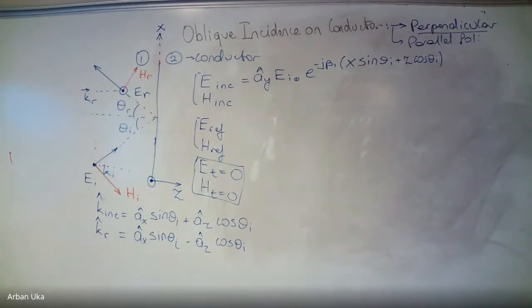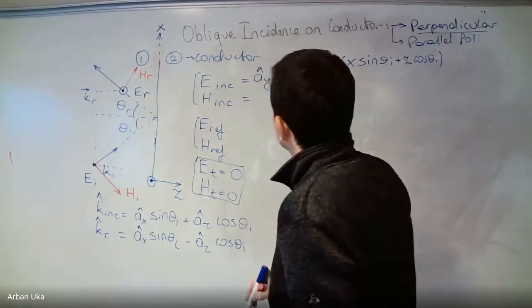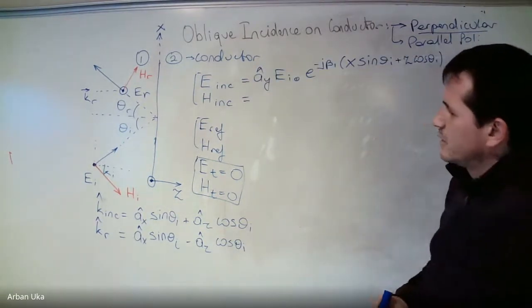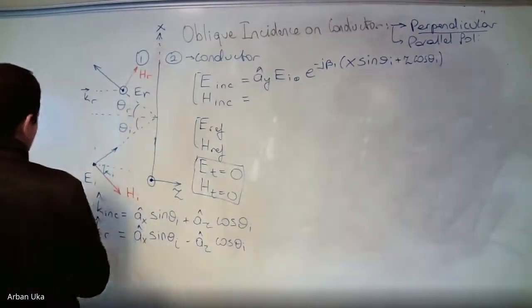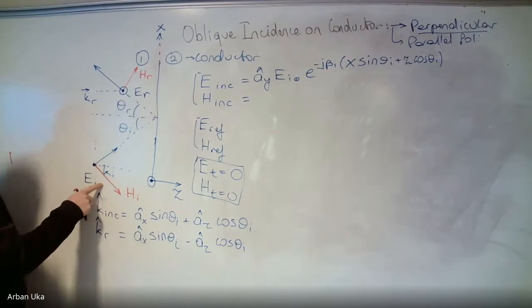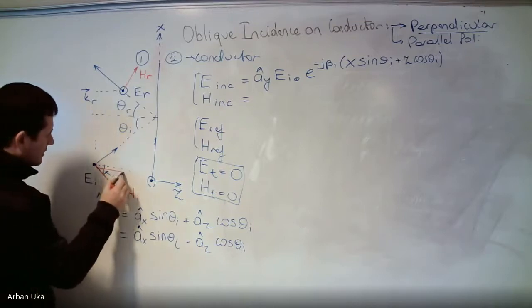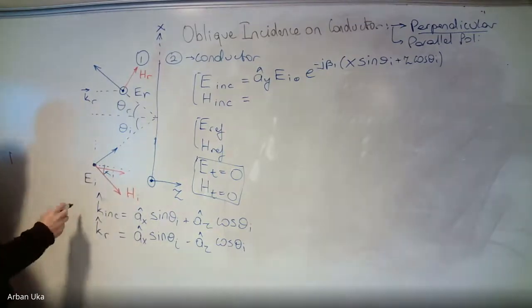We then need to determine also what is the H incident. We have to figure out where the projections of this HI are. It has a projection along the positive z-axis, so we have this vector along the positive z-axis.